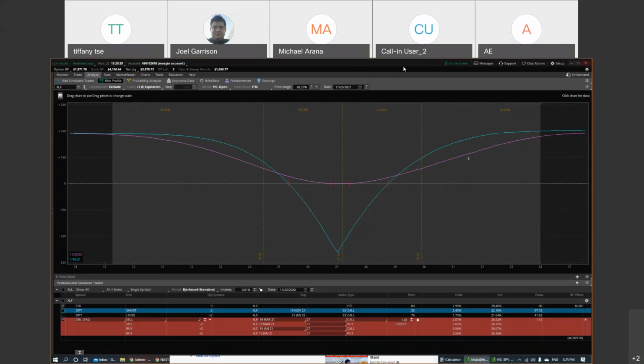So let's take that. Here, money, if it stays inside between 25 and 28, this is where you lose money. And look at the margin requirement for this.